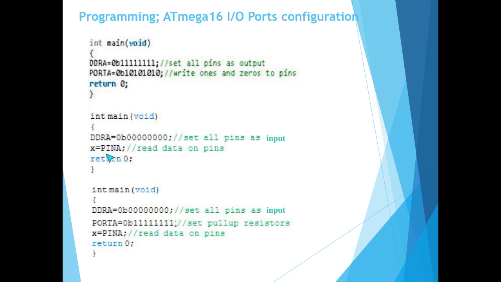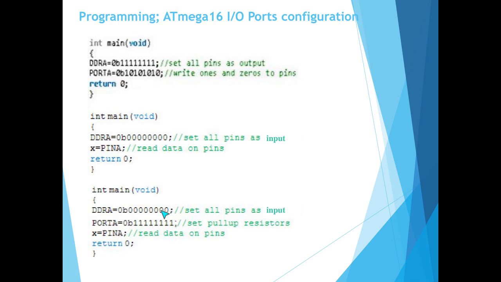You see that here, for reading data of all of the pins of port A, at first we configured all of the pins as input by writing 0 for all of them. And then we wrote x is equal to PINA, meaning read data on pins, and return 0, semicolon, and the curly brace is closed.